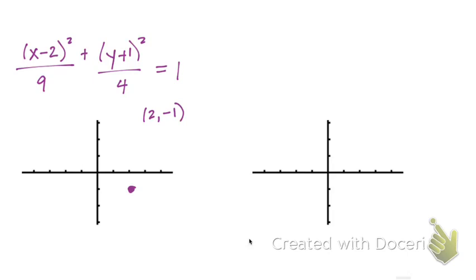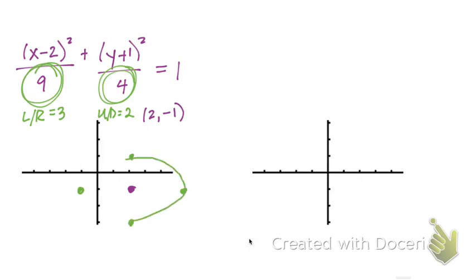And then my A value, so how many I'm going to go left and right, is the square root of 9. 3. So I'm going to go right 3, and I'm going to go left 3. And then how many I'm going to go up and down is the square root of 4. So I'm going to go up and down 2. So up 2, down 2. And then connect all the dots.